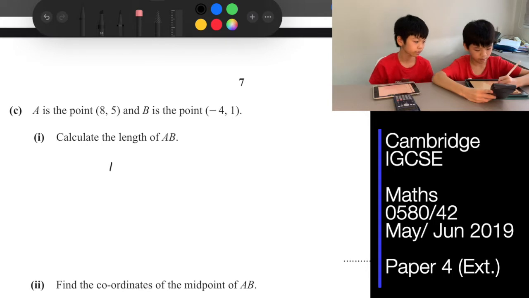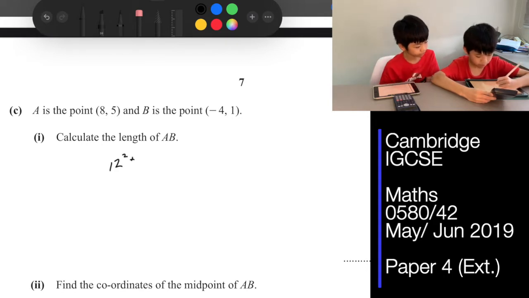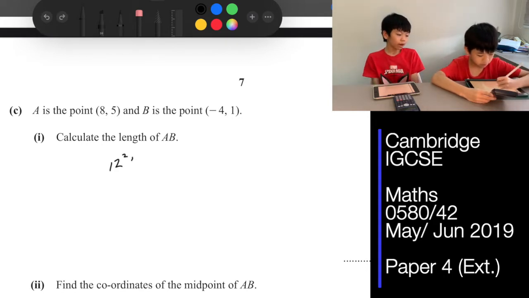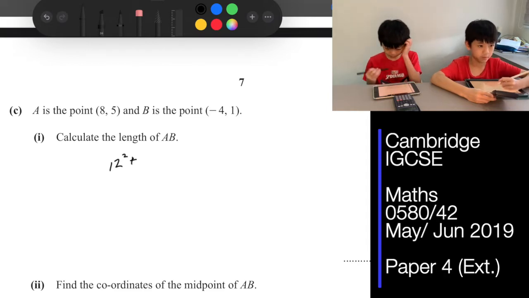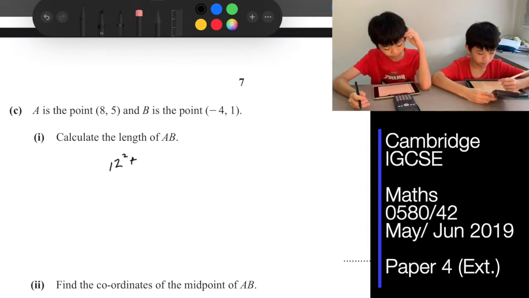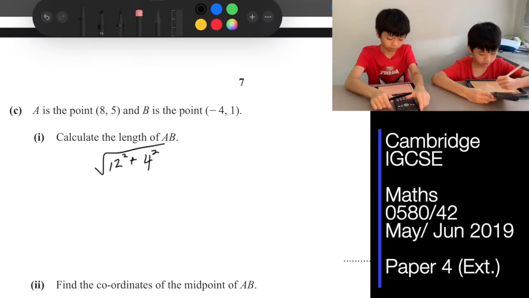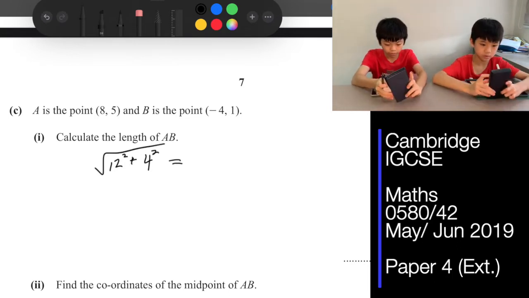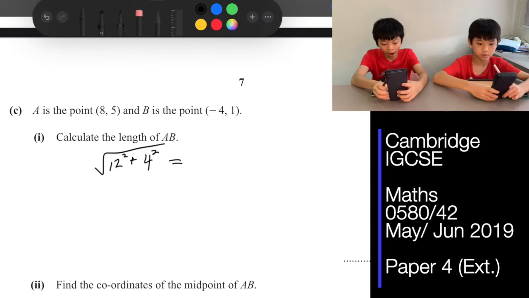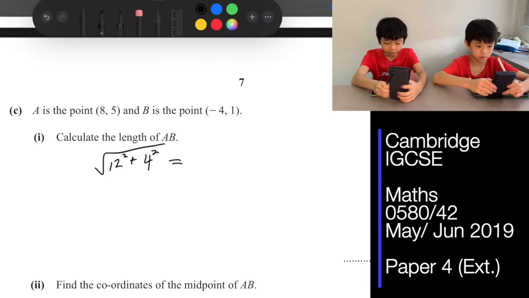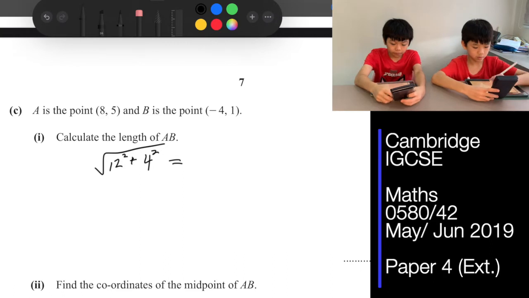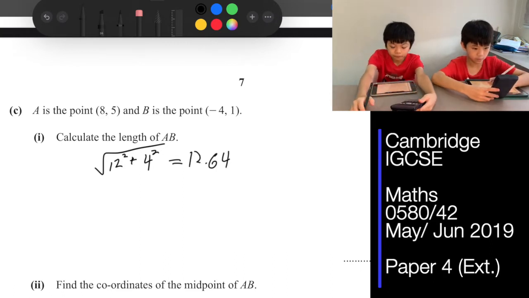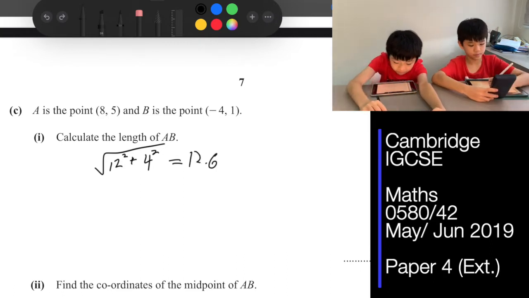The length is 12 squared plus 5 minus 1, which is 4 squared. We'll use the Pythagorean theorem to find the length. So it equals 12.65.